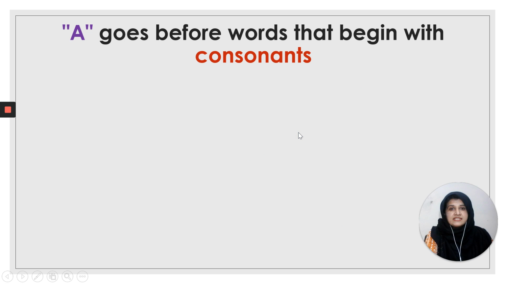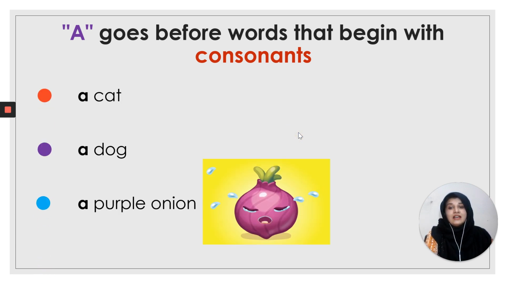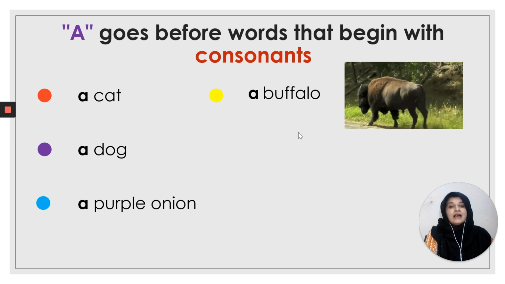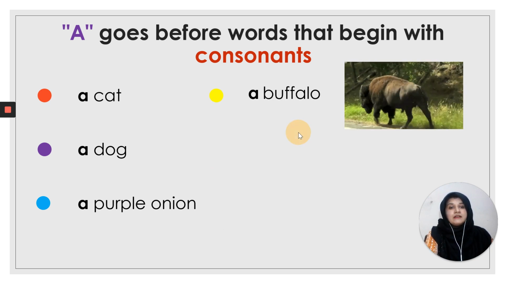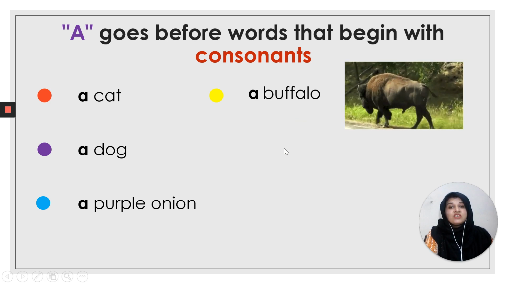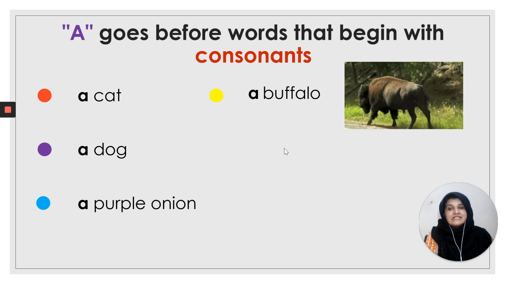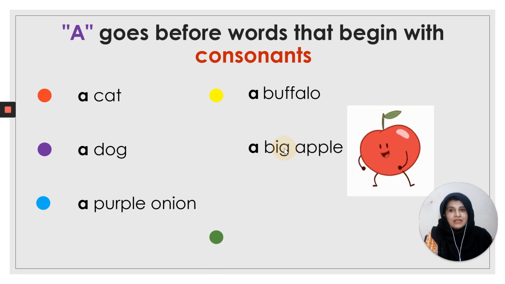What are those exceptions? As I already explained, a goes before words that begin with consonants, like you can see: a cat, a dog, a purple onion, a buffalo, and many more. So if any word is starting with a consonant sound, and it's singular as well, it means it will take a.